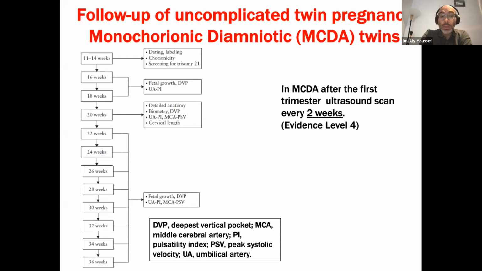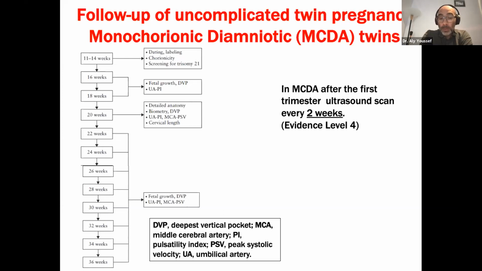Before 20 weeks, so at 16 and 18, we do the fetal growth assessment, the assessment of the amniotic fluid, and the umbilical artery Doppler. From 20 weeks on, okay, we do the fetal growth assessment, the amniotic fluid assessment, and the umbilical artery, in addition to the middle cerebral artery peak systolic velocity.